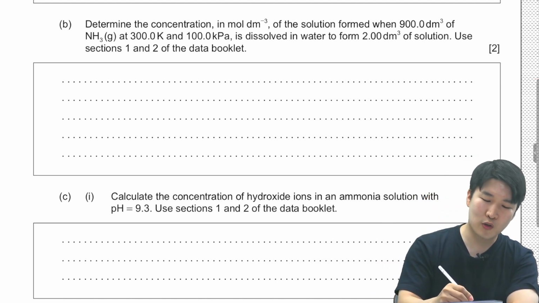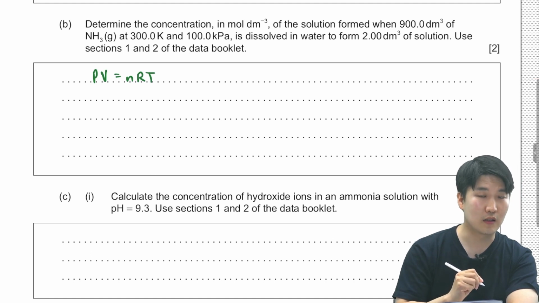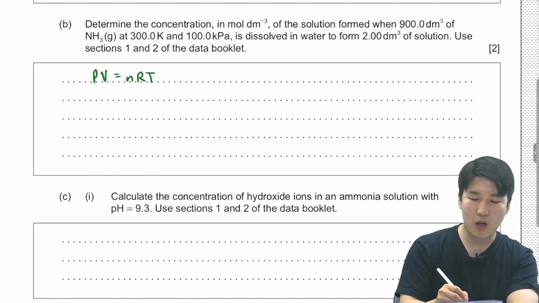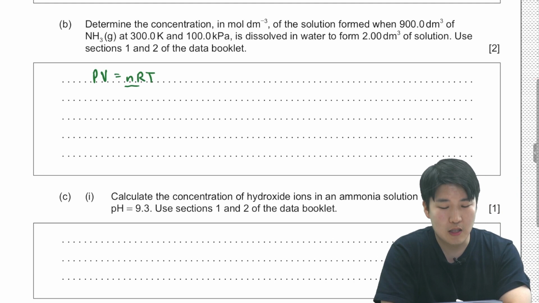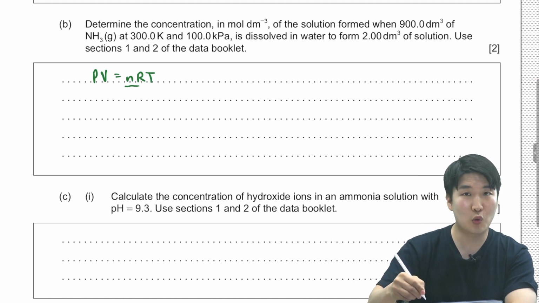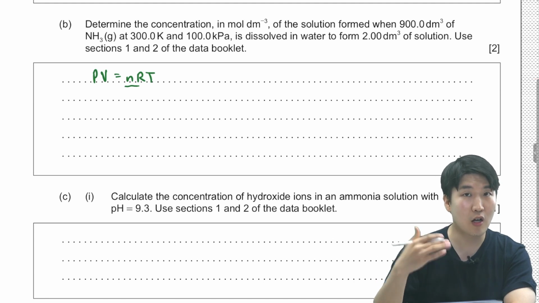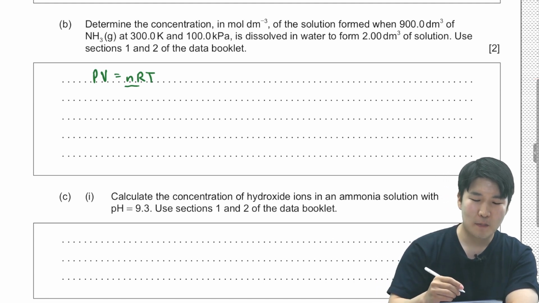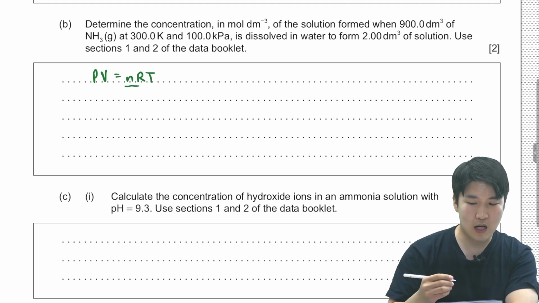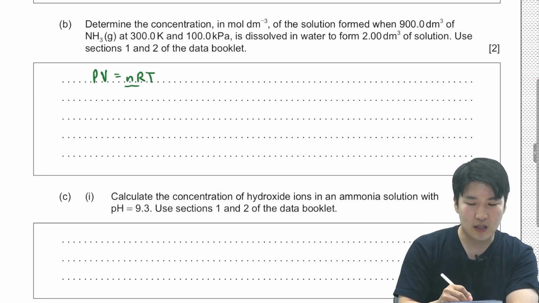So we are going to use the equation PV equals nRT to work out the mole value for ammonia. And once we have the mole value for ammonia, we're going to dissolve that in 2 dm cube of water to calculate the concentration value. P is Pascal. It should be Pascal, not kilopascal.